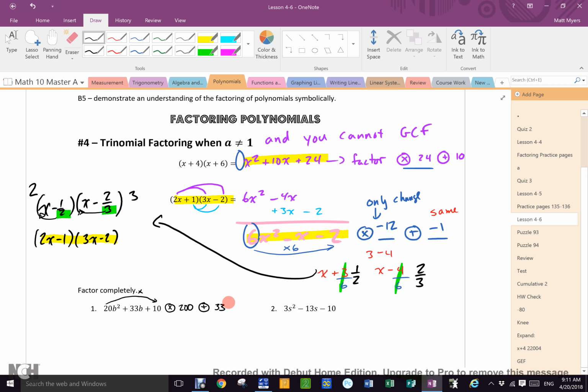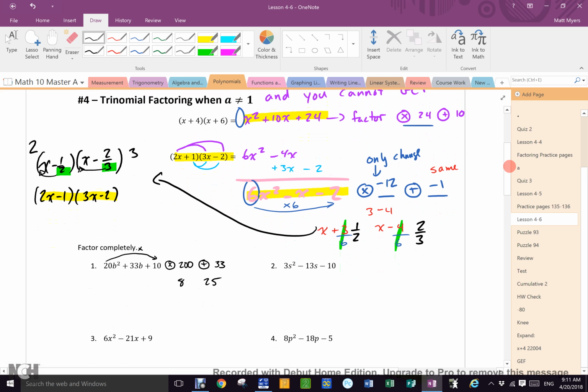It's 8 and 25, isn't it? So I know it's going to be 8 and 25. How do 8 and 25 make 33? How does it do it? 25 plus 8. So it's going to be b plus 8 and b plus 25, correct?